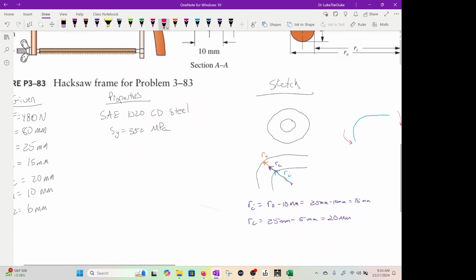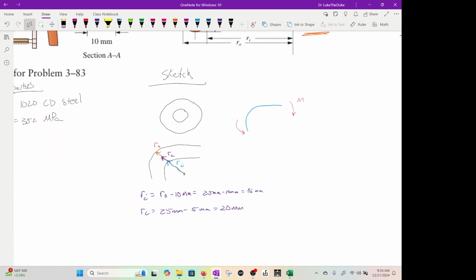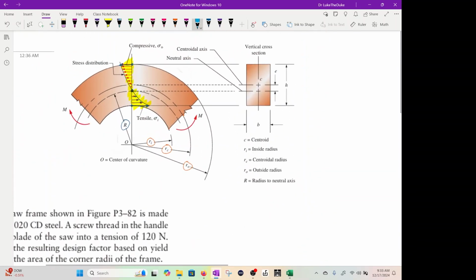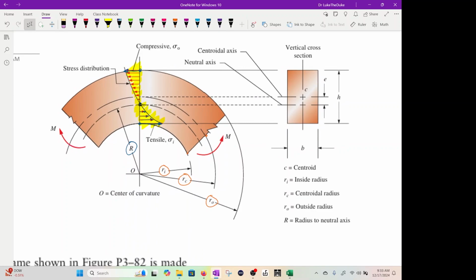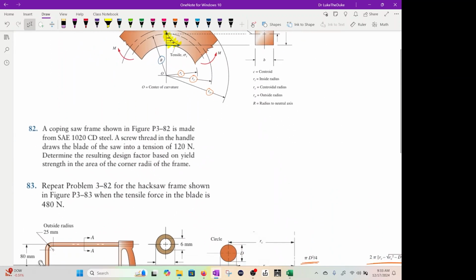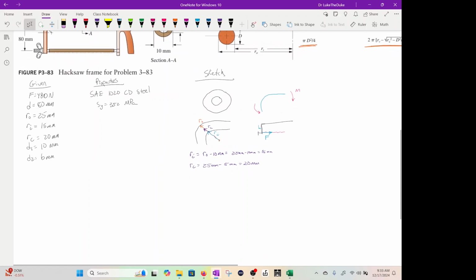If I draw out the whole shape, there's a curve here, and then here is the nut, and then we're tightening it. This is that force, F. As we tighten it, it pushes in that way, so that's the moment that's generated. It is actually opposite of what we have up here. These are positive moments; they actually straighten out the curve. So you want to make sure your directions are correct.